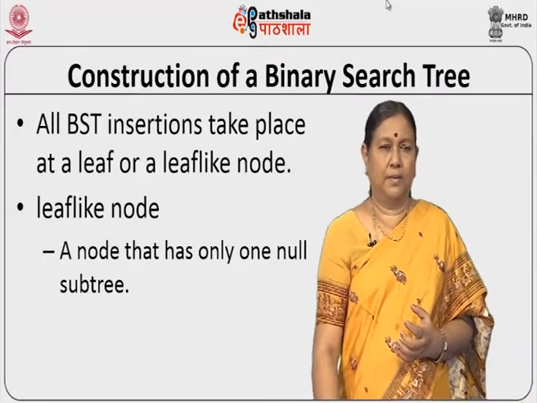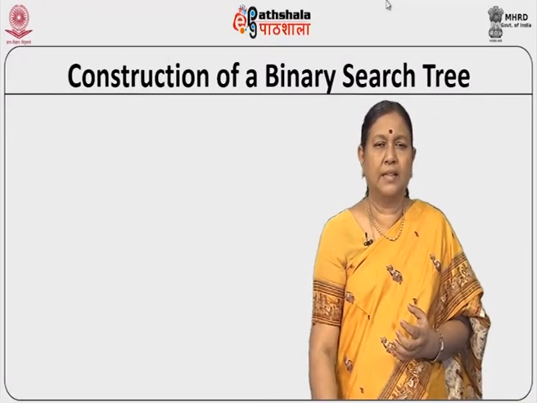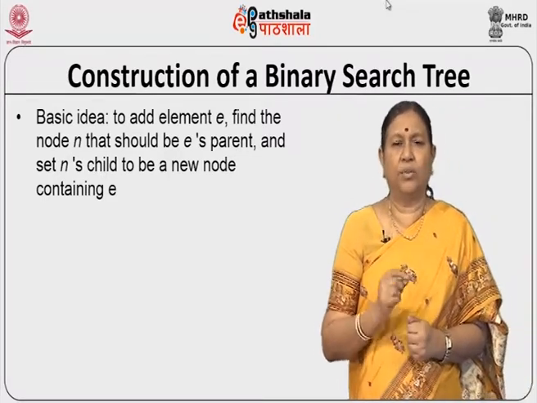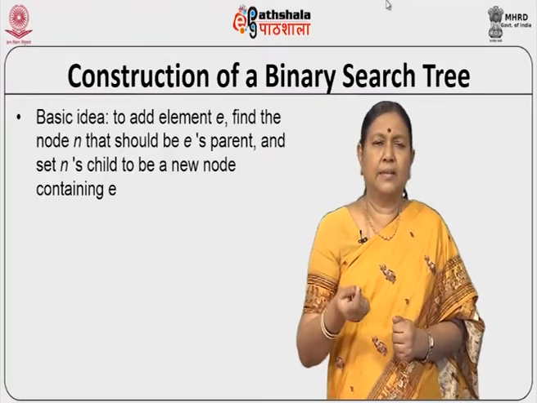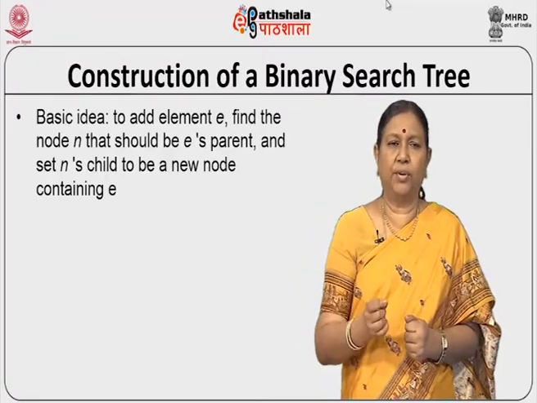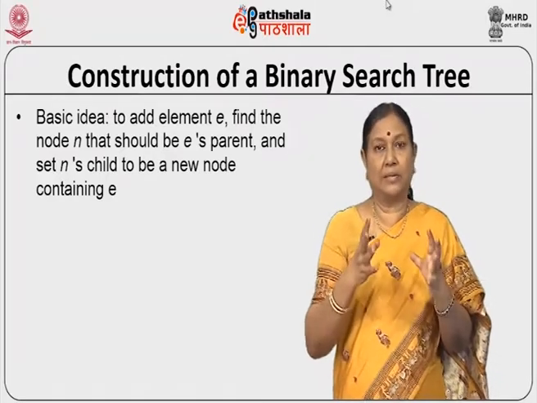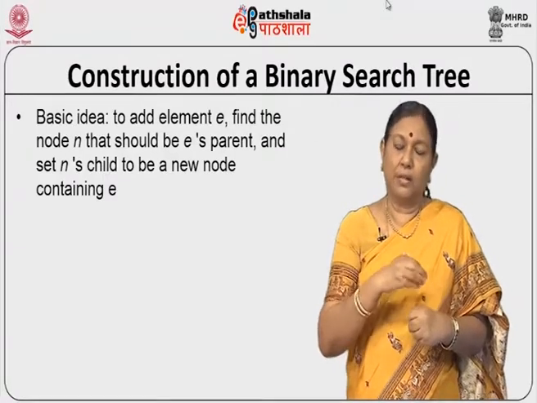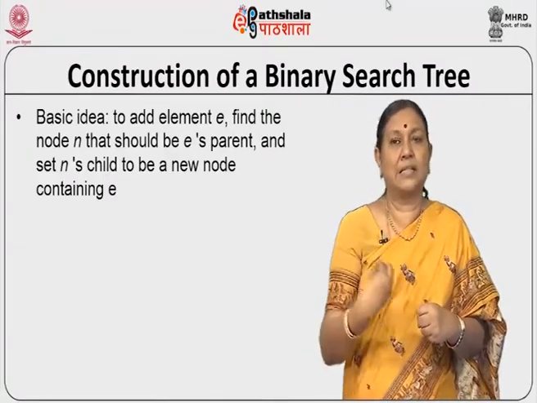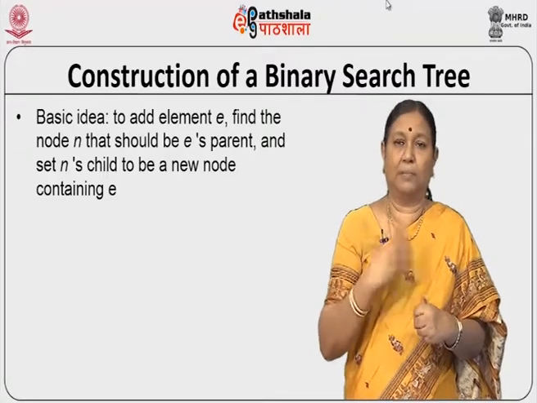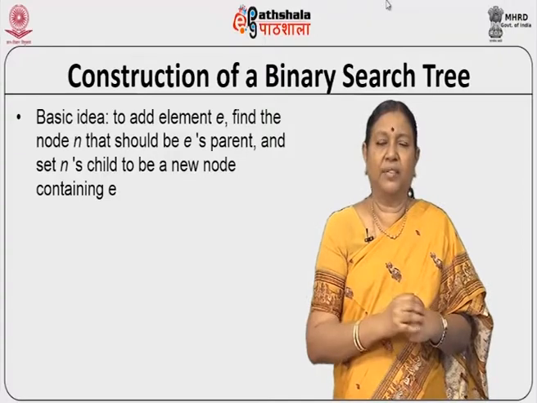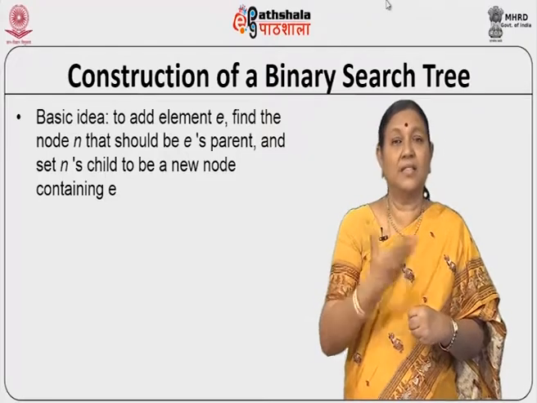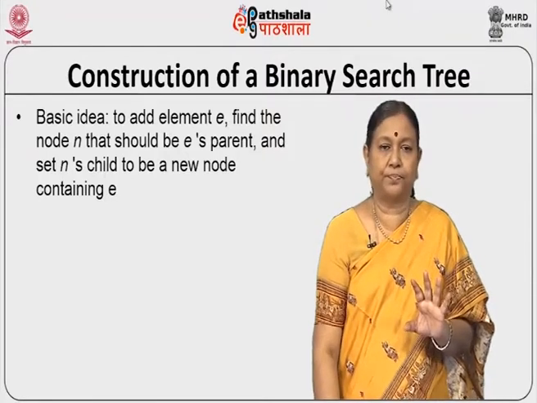In the construction of a binary search tree, the basic idea is to add an element E. You have to find the node n that should be E's parent, and set n's child to be a new node containing E. So, when you are trying to insert an element into a tree, you first have to find a node to which this element can be added as a child. That means you have to find the possible parent of E, and then add E as that node n's child, which side depends on the value.